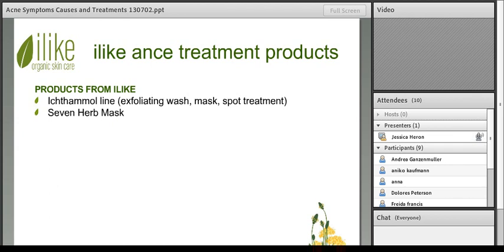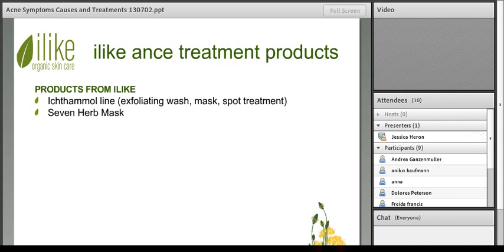7 Herb Mask. 7 Herb is amazing. This mask has properties that reduce the appearance of redness and inflammation, including increased redness from intense extractions or welts. When you're doing deep extraction work on a client, it helps to soothe the skin right away.